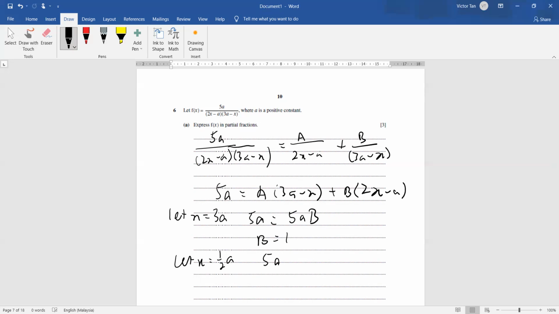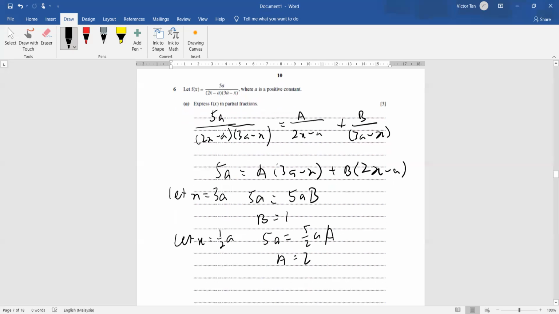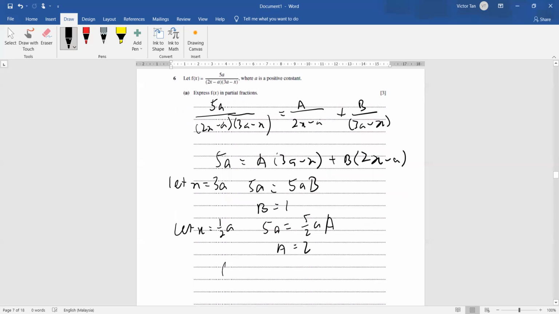So you have 5a equals A times 3a minus a is 2a, so 5a equals 2aA, A is 5 over 2. Expressing it as a partial fraction, you have f(x) equals A over 2x minus a plus B is 1 over 3a minus x.